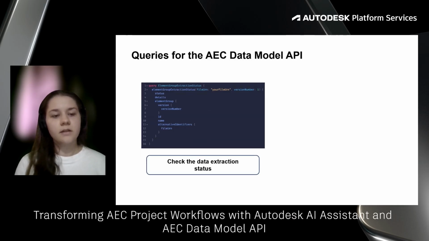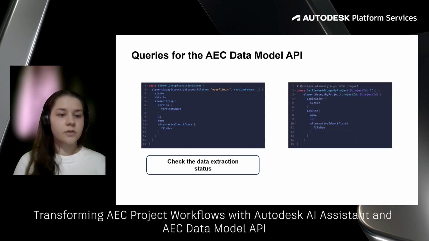Well, when you first upload a model within an ACC hub, the AEC Data Model service starts processing the model in the back. And you need all that data to be extracted successfully in order to make use of it with the Autodesk Assistant. You can check if the extraction was done with this type of query.